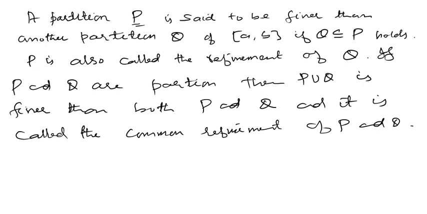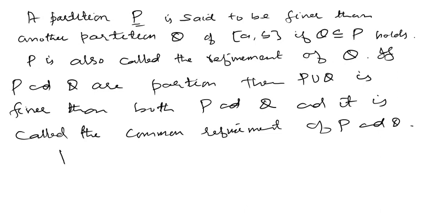Now let's define some numbers, small m_i and capital M_i. We want to define the lower Riemann sum and upper Riemann sum. For this we first define some real numbers. For a partition P of [a, b], let's define the following.